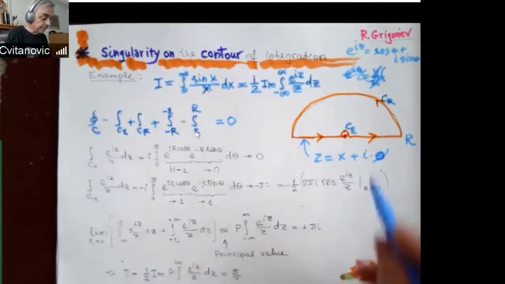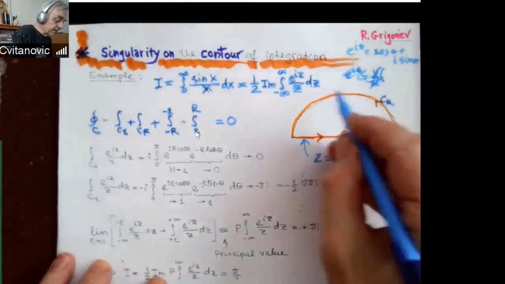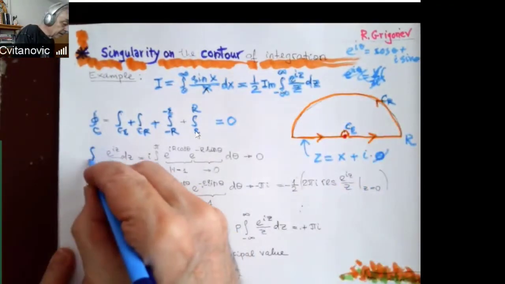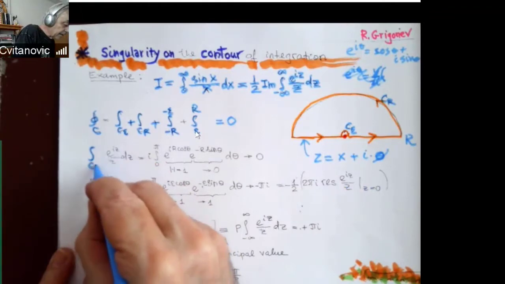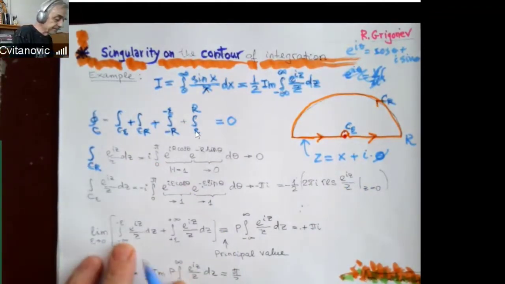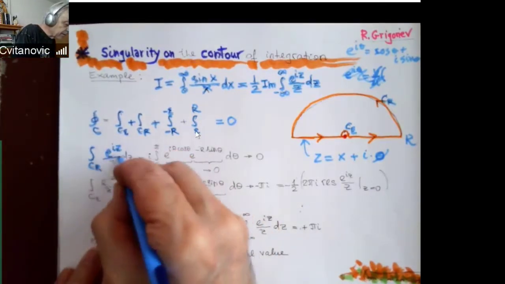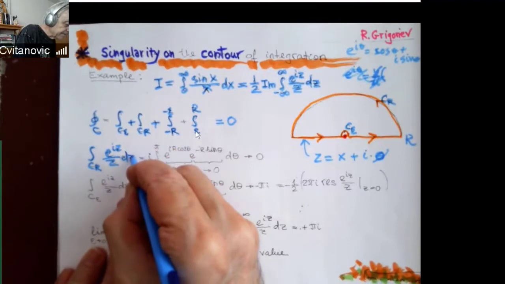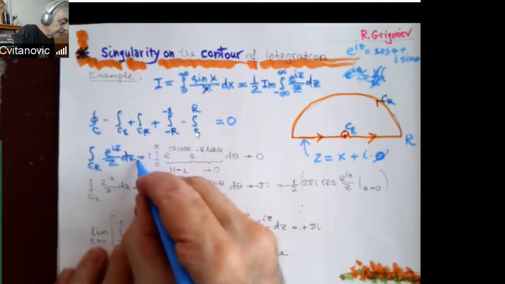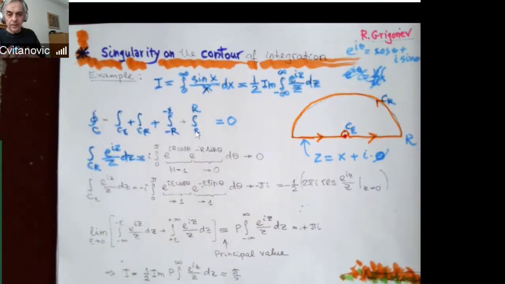So let's just do bits. What happens to the big integral here? Look at the semi-arc in the upper complex plane of radius r, integrated over e^(iz)/z dz. Again, what are we doing?